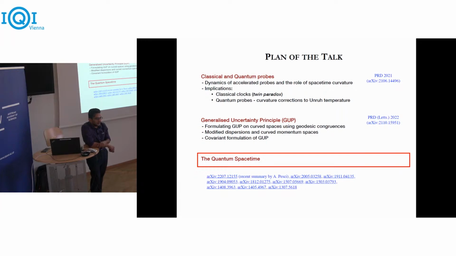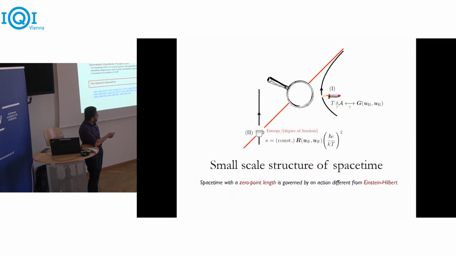Now, I am going to go one step further in the rest of the talk and ask whether this same set of tools based on the world function and the Van Vleck determinant can tell me something about the quantum nature of space-time itself. So far the space-time has been classical. That is the final part of the talk, and it is work that has been done for several years now, and I am just going to give you a brief flavor of that work in the time which is remaining.